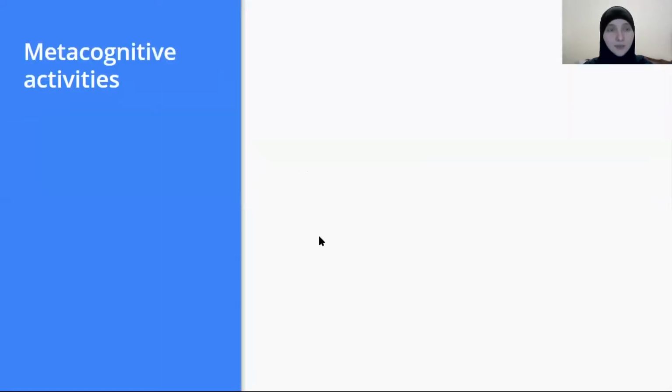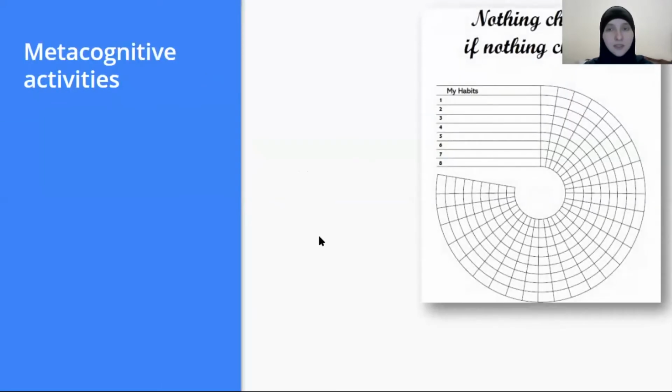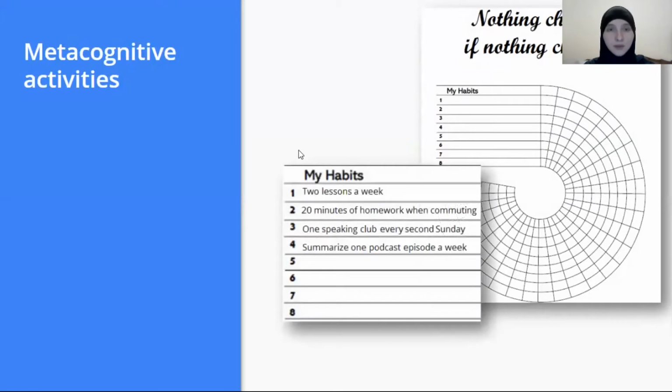Now, metacognitive activities, and the first idea would be a habit tracker. So how to do that? Basically, we use the same trackers which are usually used for a healthy lifestyle, but we put good English habits in them. So we want to implement language into our students' life.